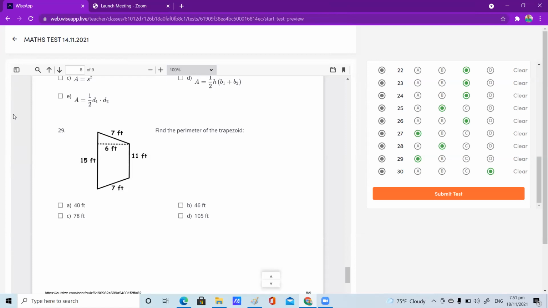Yes, the sum of the parallel sides is 26. Parallel sides means 15 feet and 11 feet. Those two are the parallel sides, children. So 15 feet plus 11 feet together is 26 feet.